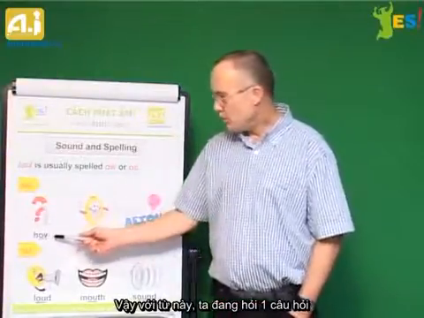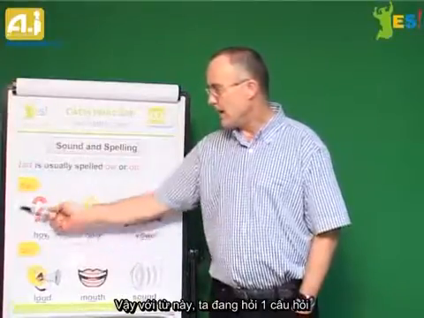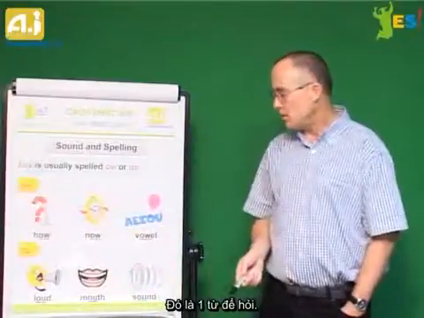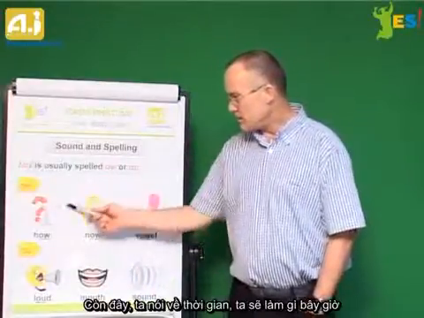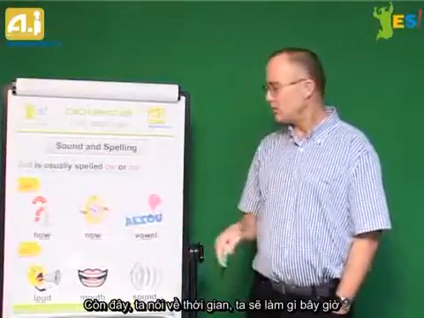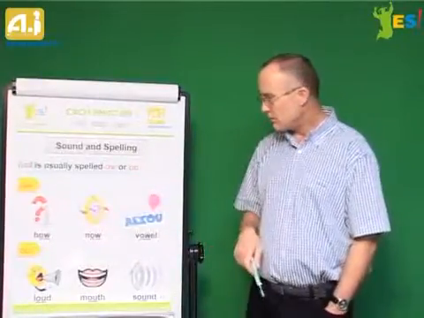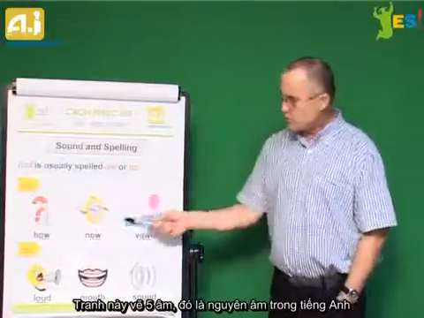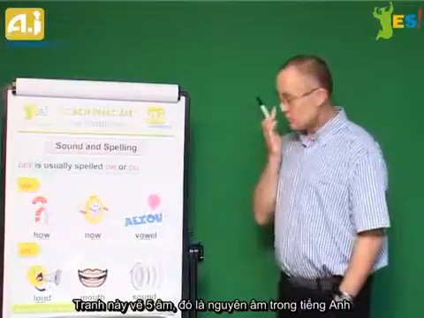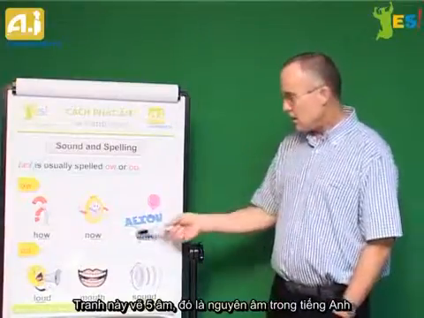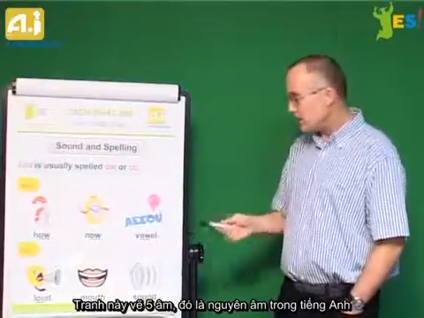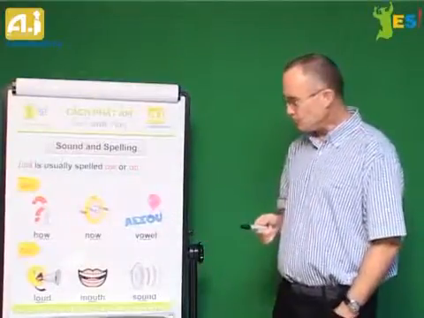So for this word, we are asking a question. This is often called a question word. In this picture, we're talking about the time now. Do something now. This picture shows 1, 2, 3, 4, 5 letters, and these are the vowels, right? The vowels in the English alphabet. Good.